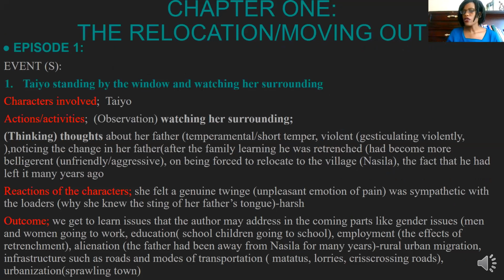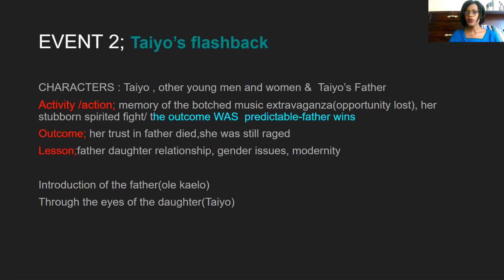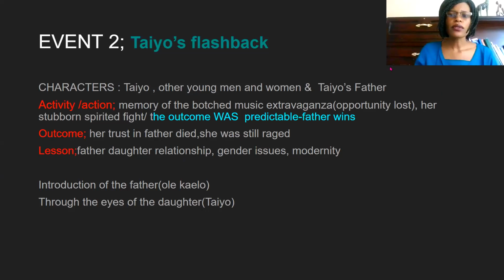The observation, watching her surrounding, her thoughts about her father, and then reactions and the outcome. It is just the general thing now. But when you look at event 2, Taiyo's flashback, there are certain things still that are being brought forward to us.